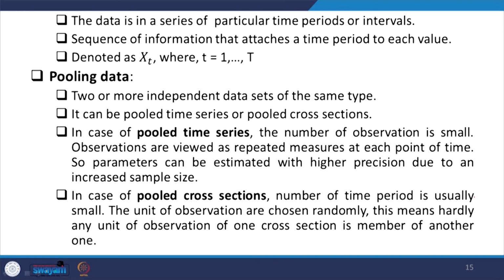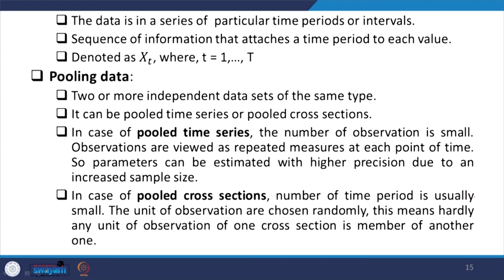Now, another type of data usually discussed is called pooling of the data: two or more independent sets of the same type could be pooled. Okay. So, it can be pooled time series or pooled cross section. Pooled time series and pooled cross section data could be pooled depending upon the independent data of the same type.